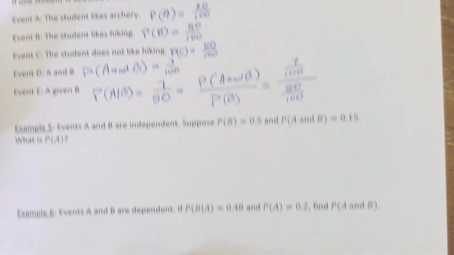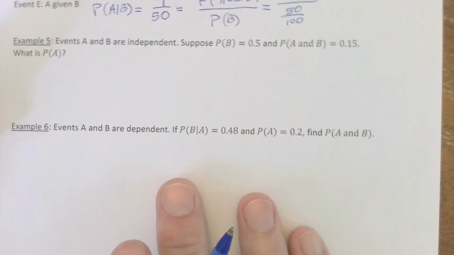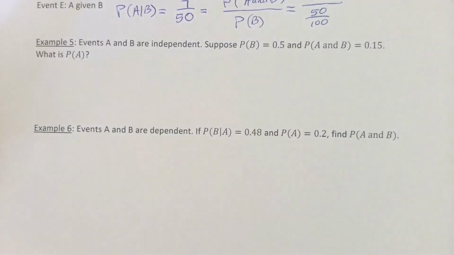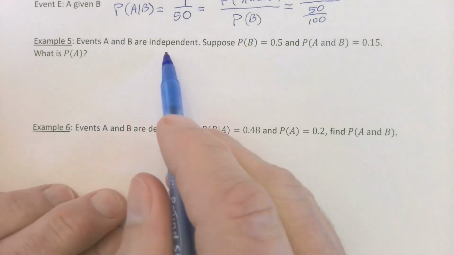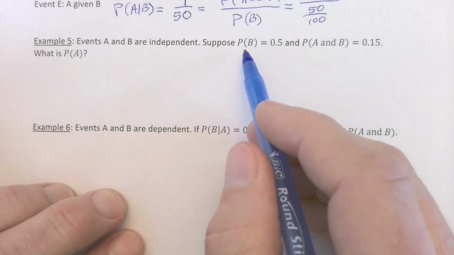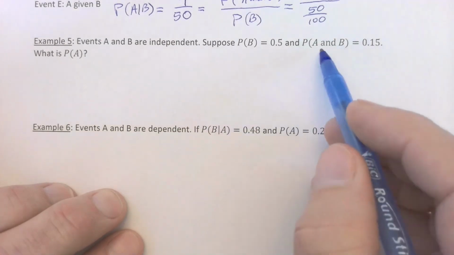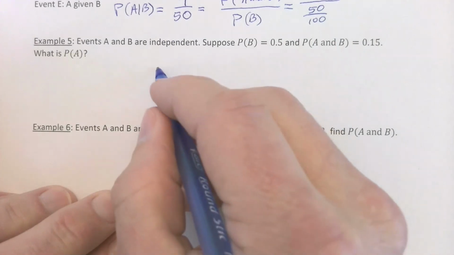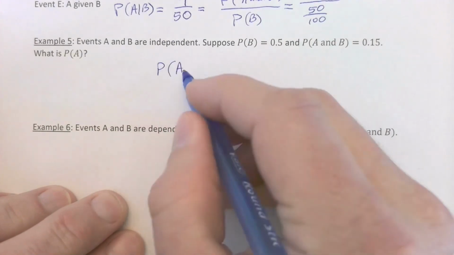Okay, these last two examples have nothing to do with summer camp, or hiking, or archery either. We know that events A and B are independent. That's our assumption. We have a calculation for probability of B. We know the joint probability of A and B, but we want to know the probability of A. To solve this, just remember this formula.